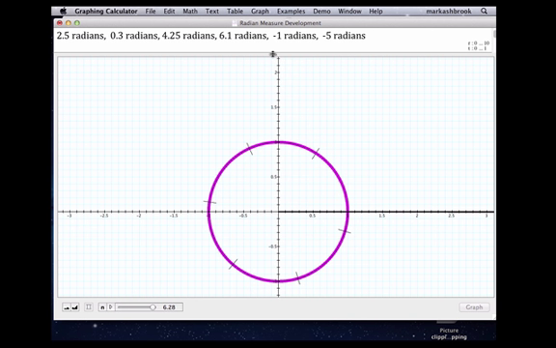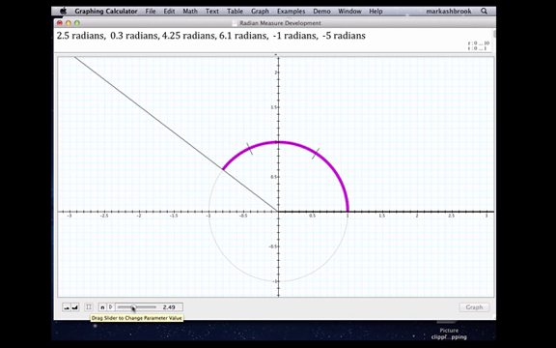You always work counterclockwise from the 3 o'clock position? Normally, yeah. Okay, that's the first one. That's 2.5. Okay, 0.3, where will that be?